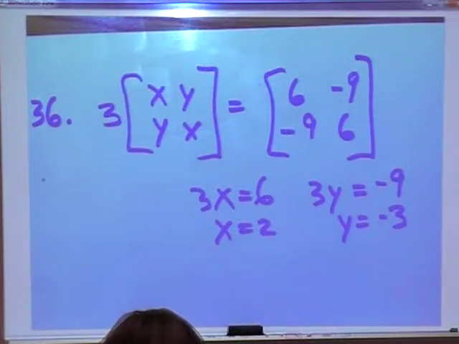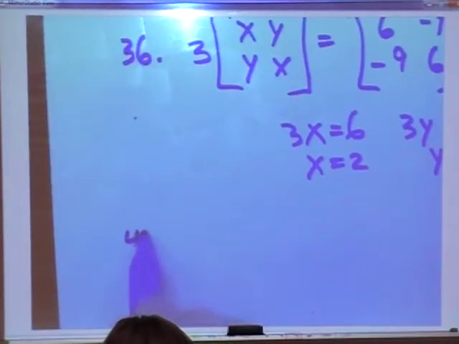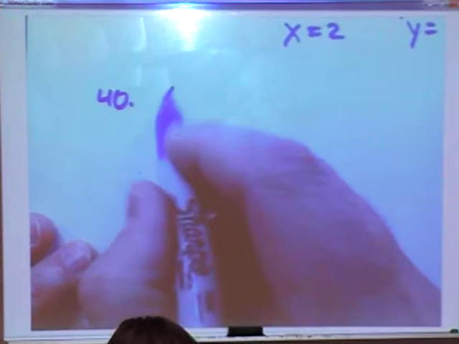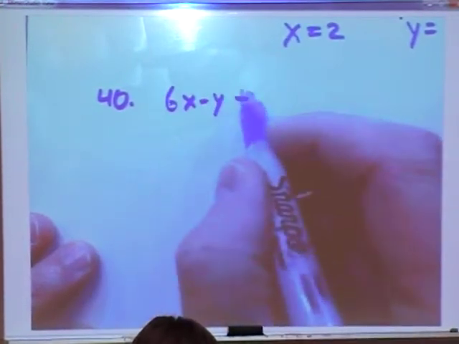We're going to stop. Actually, we'll do one last thing. This is number 40. I'm going to have you end with something like this. This is to build for something later.